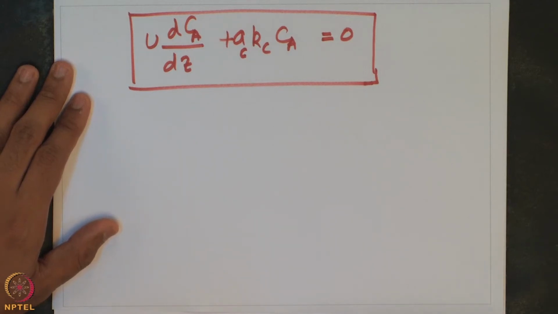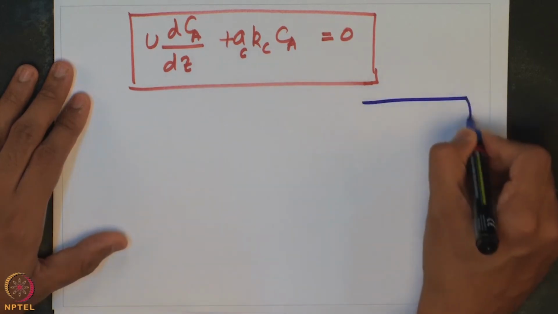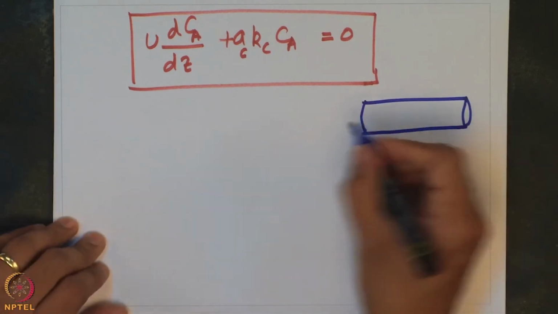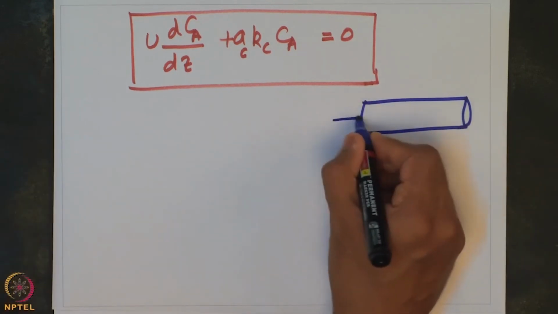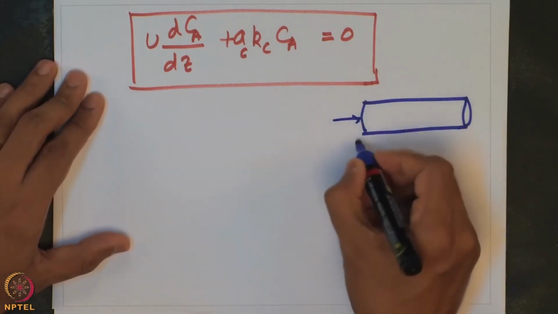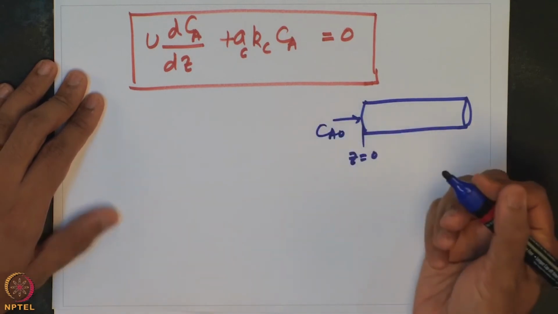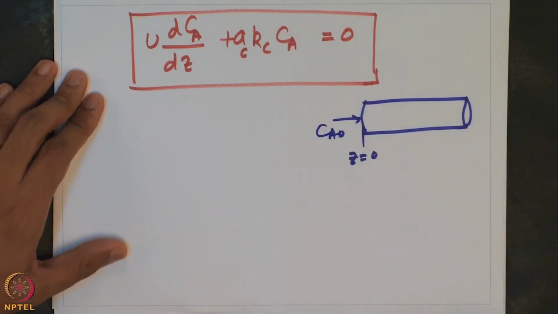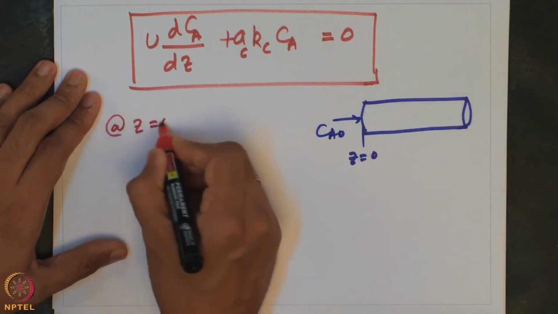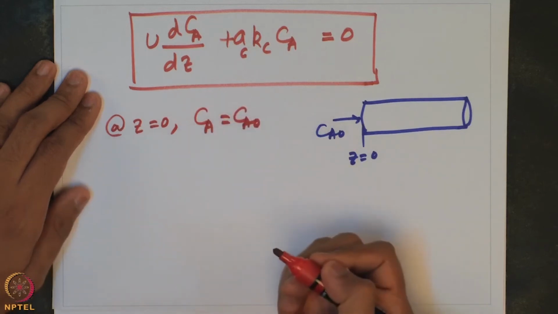Once we have this mole balance, we can now solve it. What are the boundary conditions? If this is the reactor, then the concentration of the species entering the reactor, let us say at Z equal to 0, is some Ca naught, and so the boundary condition is at Z equal to 0, Ca is equal to Ca naught.